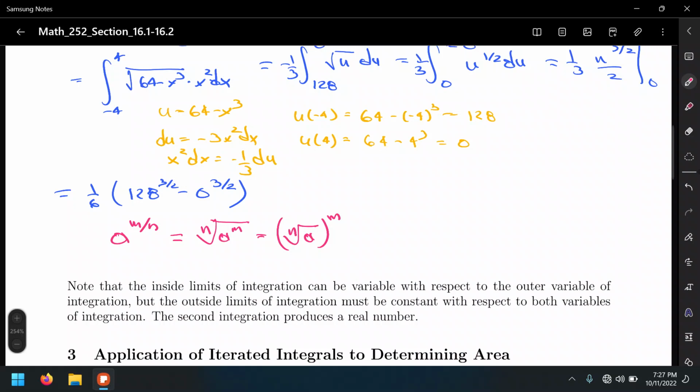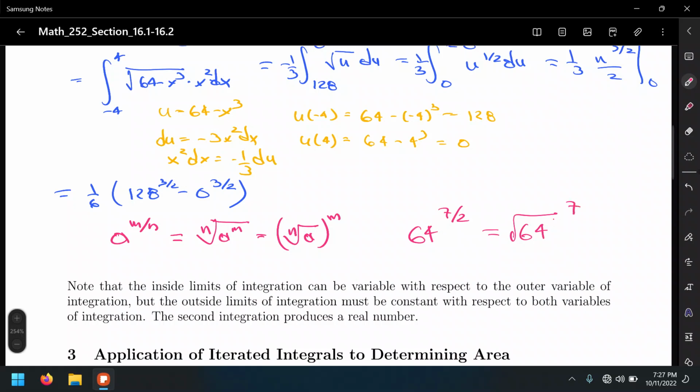In some cases, it's more convenient to use one or the other. For example, it's good to use the second version whenever you know that the number is a perfect square or a perfect whatever root. Because if you want to evaluate, for example, 64 to the 7 halves, one way would be the square root of 64 to the 7, but you don't want to do 64 to the 7 because it's such a big number, isn't it?